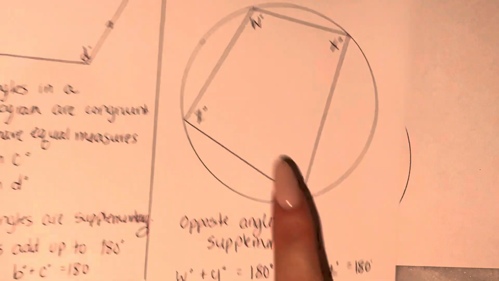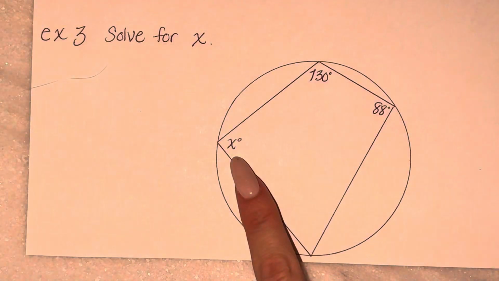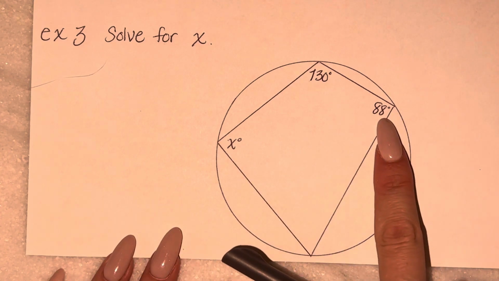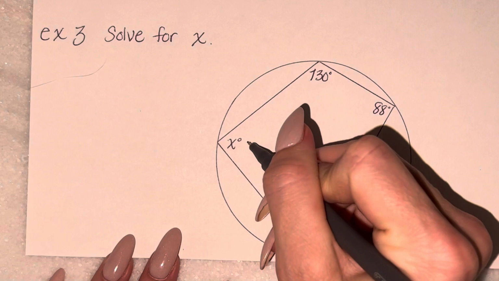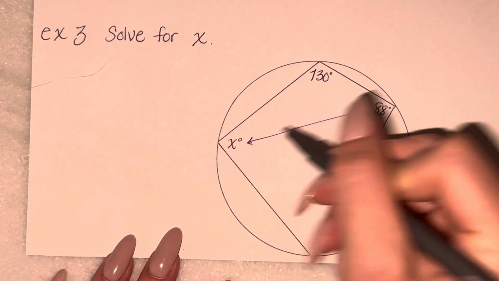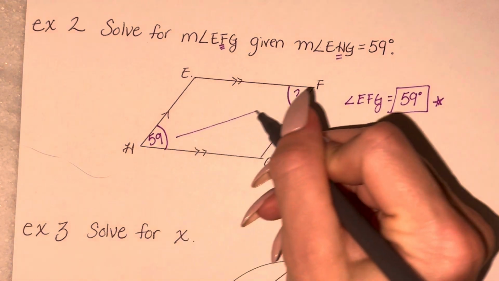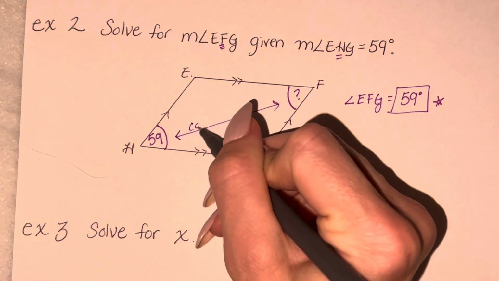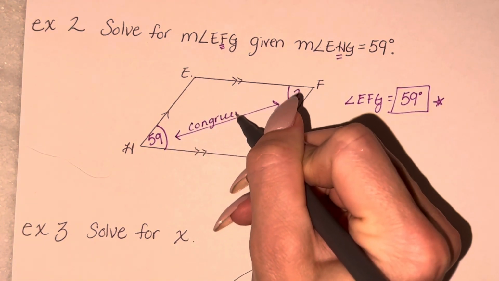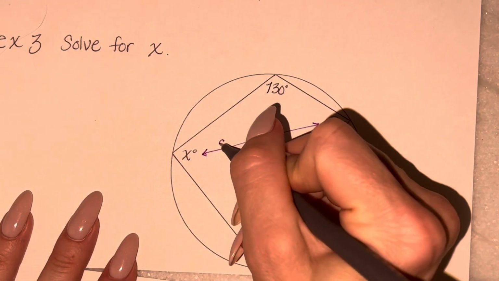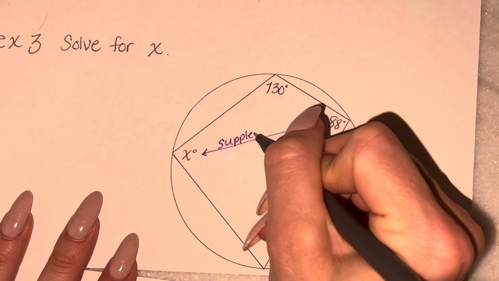So if we're talking about this angle right here, and I look across at the opposite angle at 88, I know that these two opposite angles, unlike the parallelogram where they are congruent, whenever they're inside of a circle like that, they're actually supplementary.